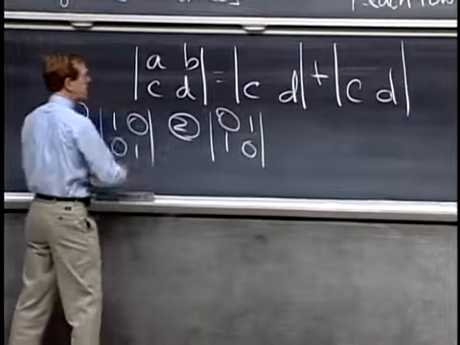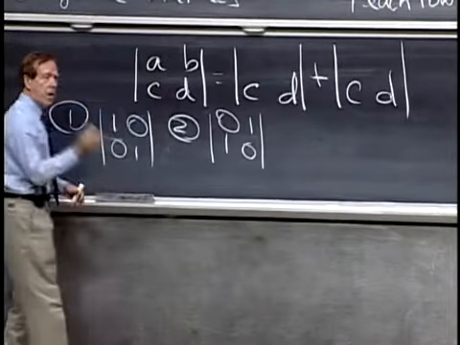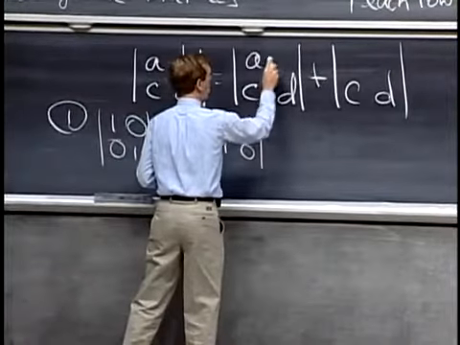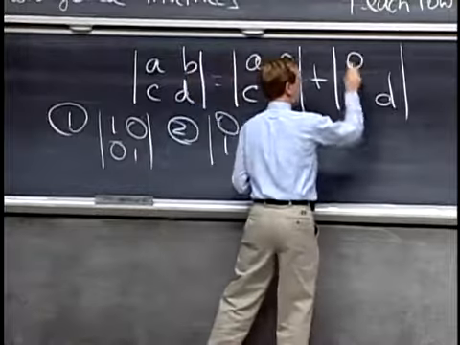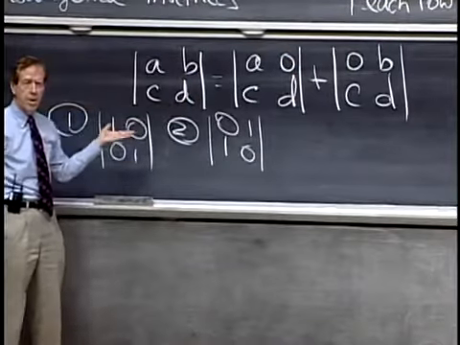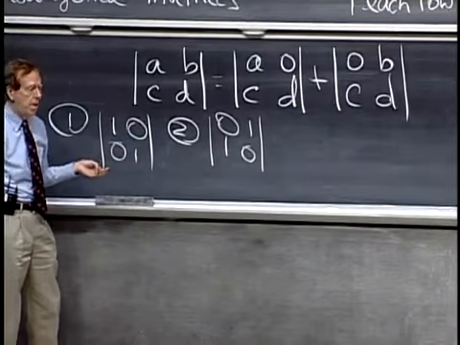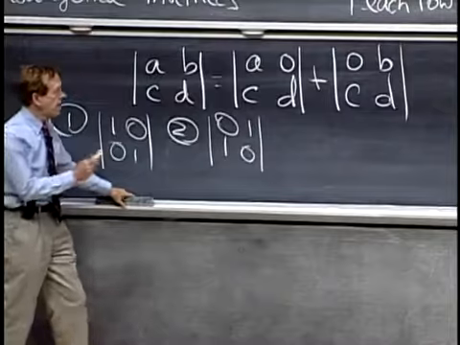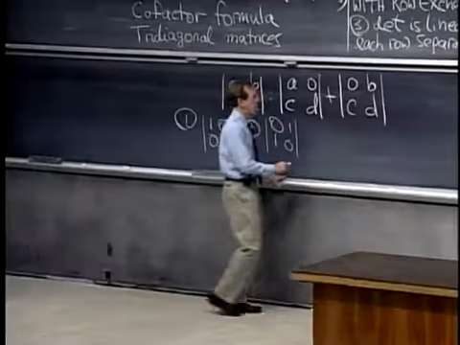And I'll just use it in a simple way. I'll write this vector AB as A0 plus 0B. So that's one step using property 3, linearity in the first row when the second row is the same. Okay, but now you can guess what I'm going to do next.